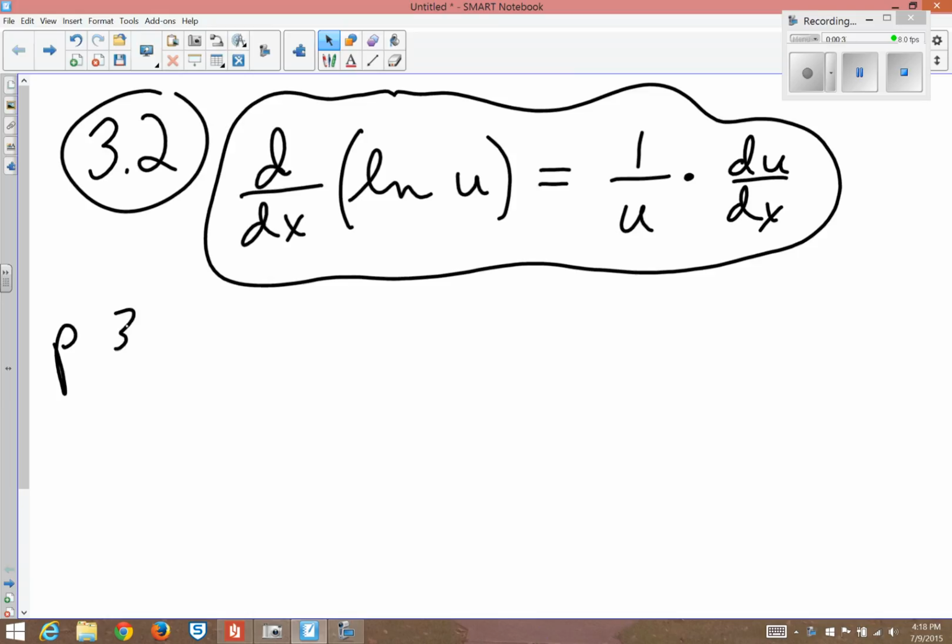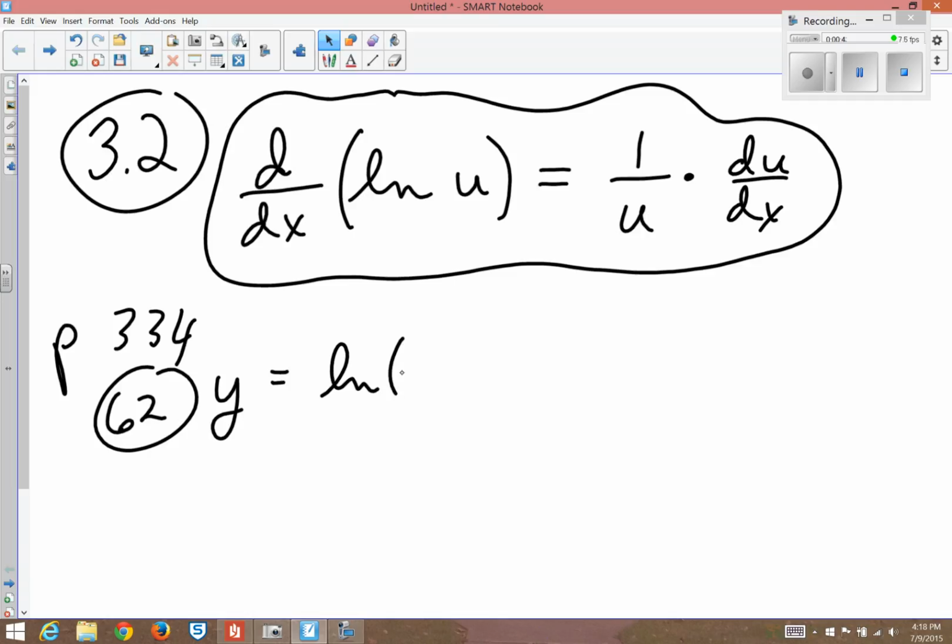On page 334, exercise 62, y equals the natural log of something, 7x squared plus 5x plus 2. It says differentiate, that means find the derivative of y with respect to x.